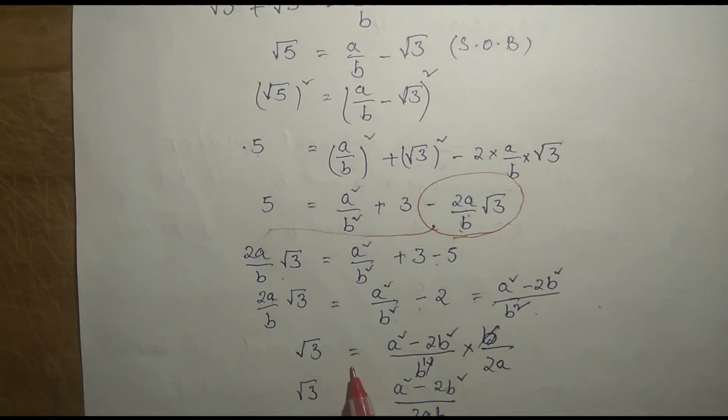Then root 3 equals a square minus 2b square by b square into, transposing 2a by b to the right side, b by 2a. The fraction will be transposed from one side to the other side. We write the reciprocal of that fraction, then b by 2a.